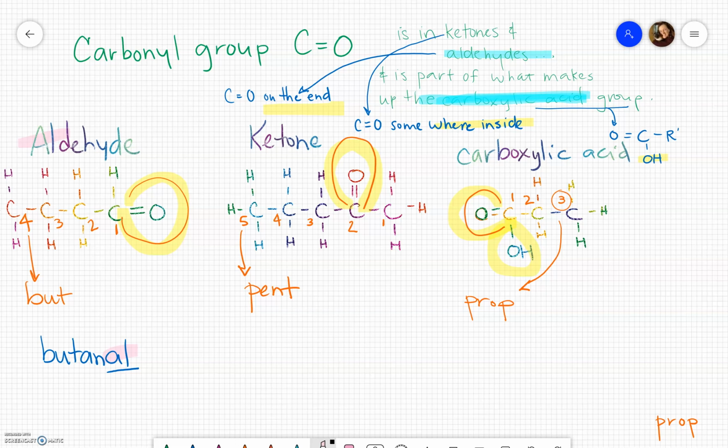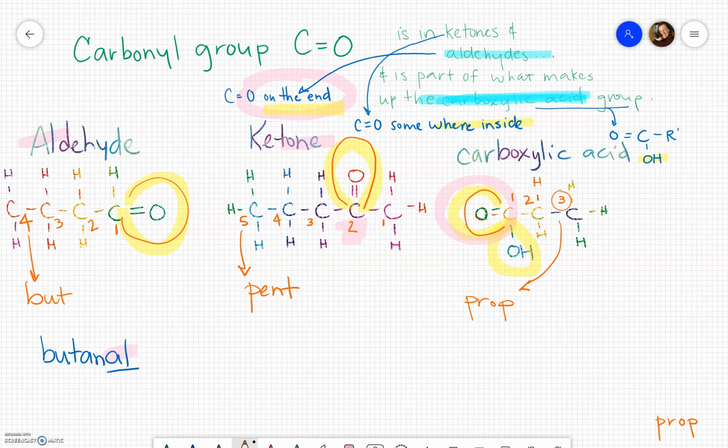Okay. Ketones, and rather than the first part of the name, I'm going to take this last part of the name, the O-N-E. And I have to make note of what carbon it's on. I didn't need to do that with the aldehyde because by definition it has to be on the end. So I didn't need to say what number it's on. It's always on the first one. Same with the carboxylic acid. It's always on the first one, and so I don't have to write the number for it. But this ketone I do.